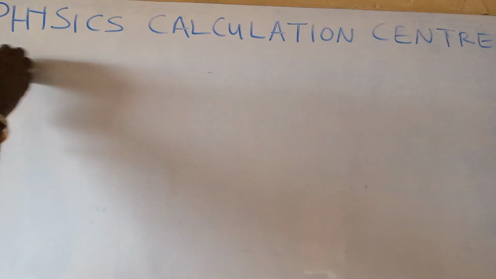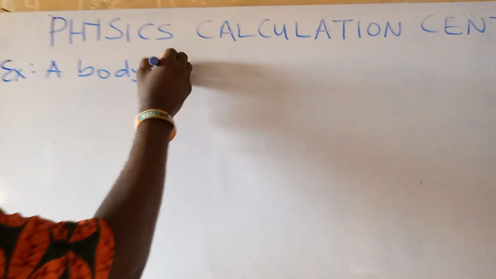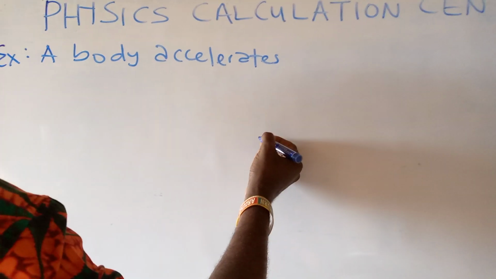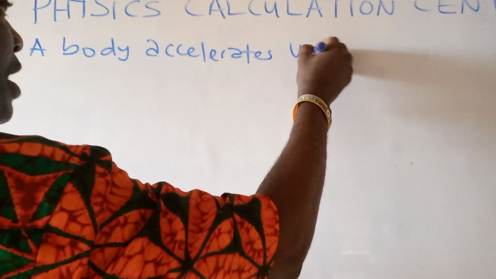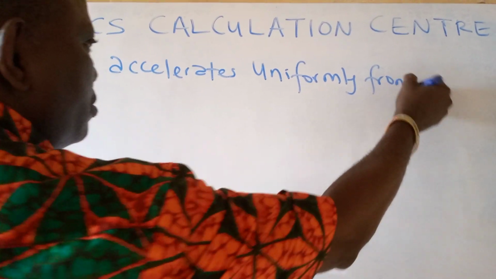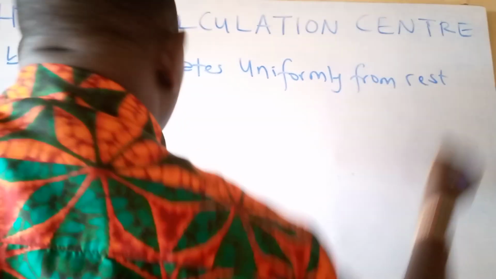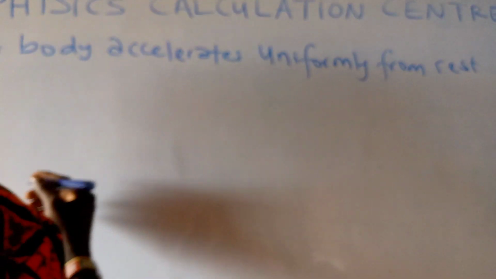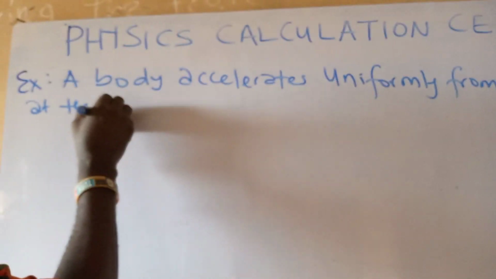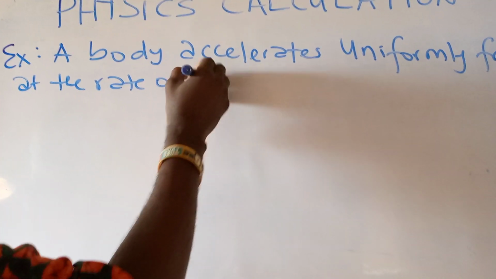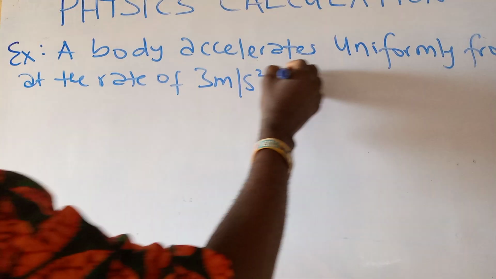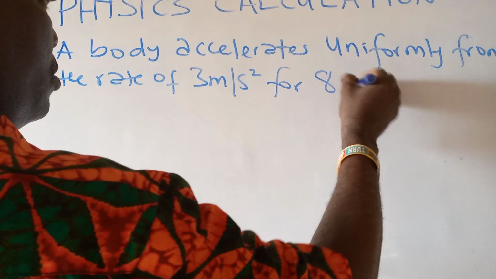A body accelerates uniformly from rest at the rate of 3 meters per second square for 8 seconds.